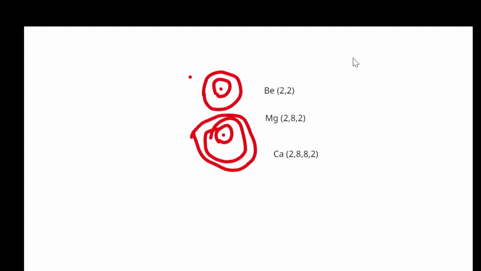Okay? So beryllium has 2 shells. Magnesium has 3 electron shells, while calcium has 4 electron shells.